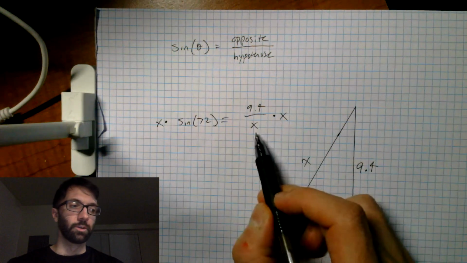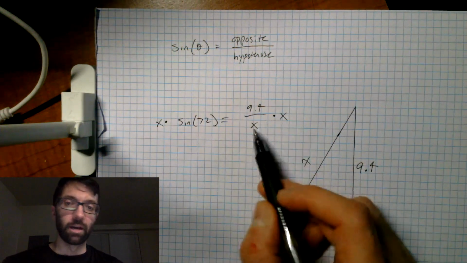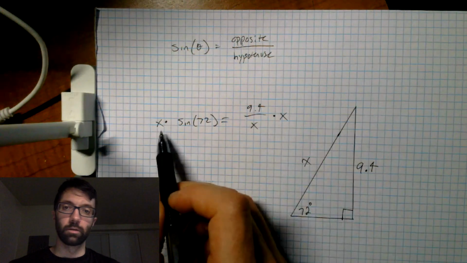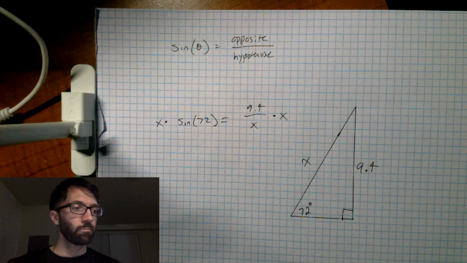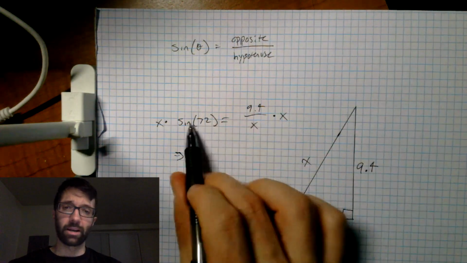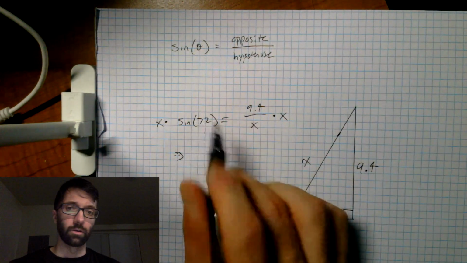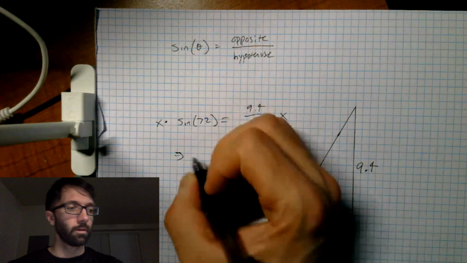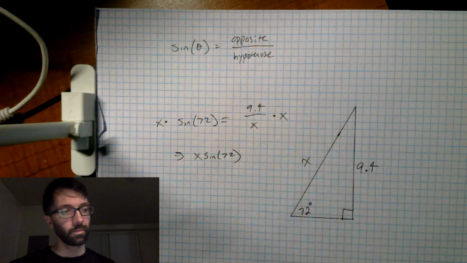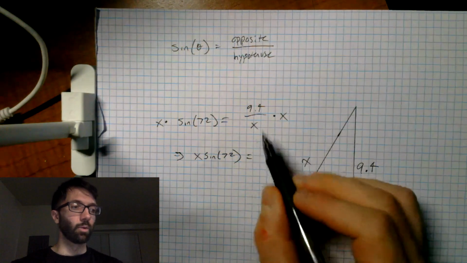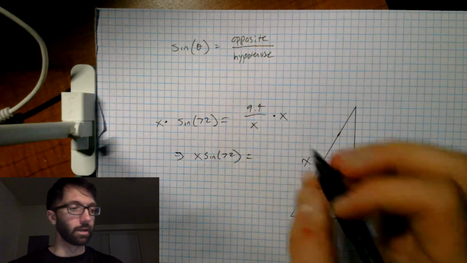That cancels it from the denominator, and it shows up on the left, which is good. Again, I'm not going to type this into a calculator because I don't want to round too many times. So I have x times sine of 72, and that equals 9.4 because my x's cancel.